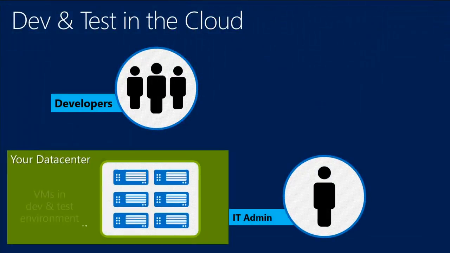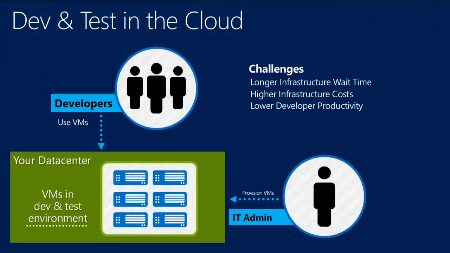Specifically, it's inspired this thing that we think about and talk about as dev test in the cloud. So regardless of what kind of application you're building or where you're deploying it, think about how to address some of the challenges you might have today inside your organization with creating development and test environments, and take advantage of the cloud as a resource for doing that.